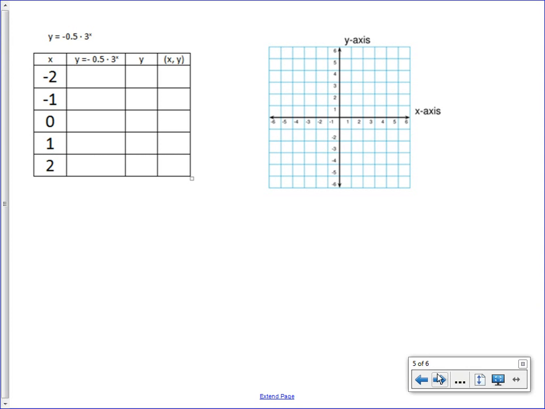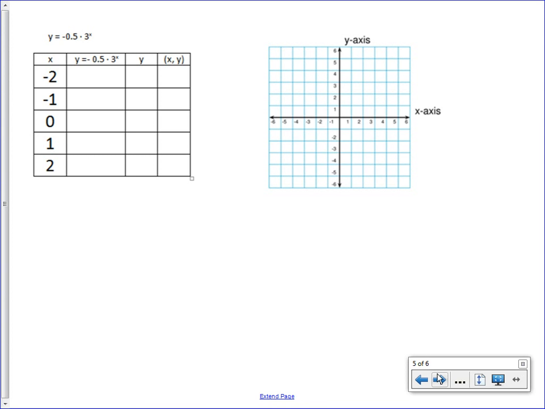All right, let's do another one. This time it's very similar, and so we won't have to do too much more work, but our beginning number is now negative 5/10.